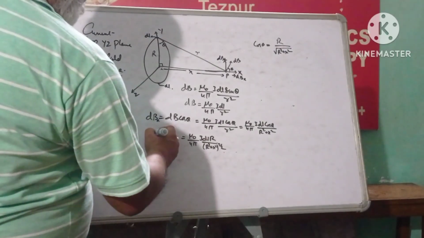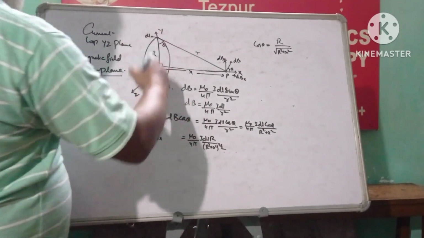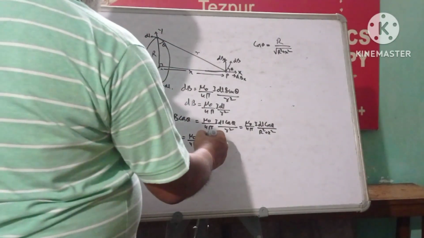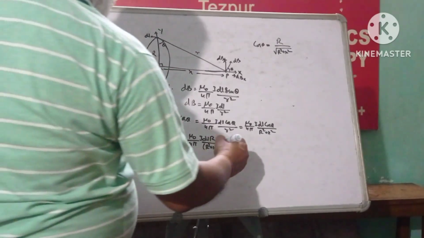If you want to find Bx for the whole loop, this dl will be 2 pi r.